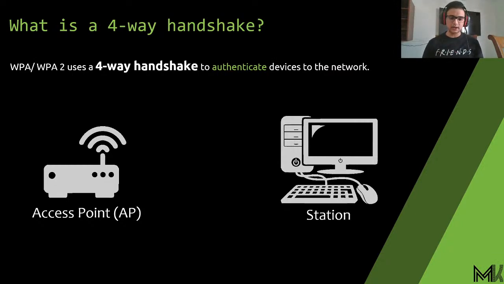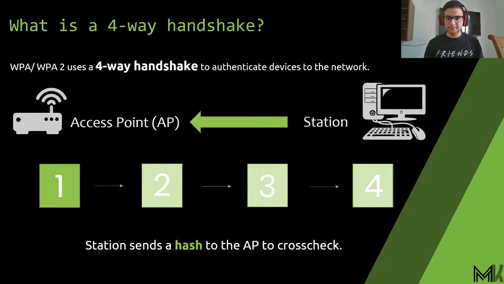Most people think that you just connect your station, that is your computer or your phone, type in the password, and that is sent to the router, and that's it. That is partly true. There are four steps in the whole process. The first step is sending a password hash to the access point.